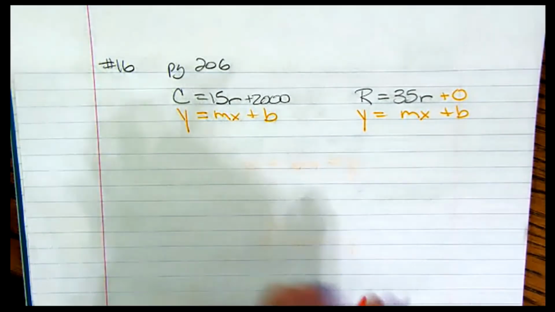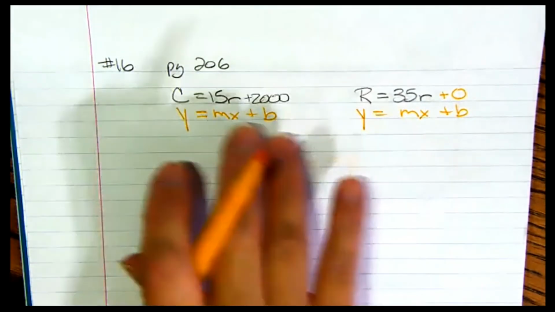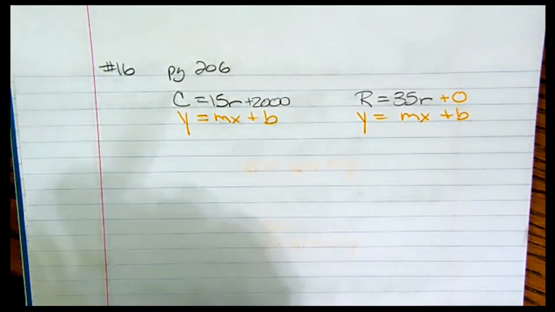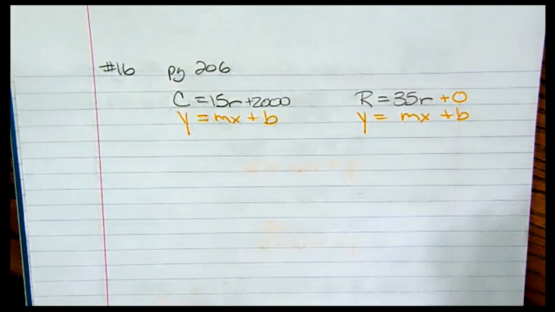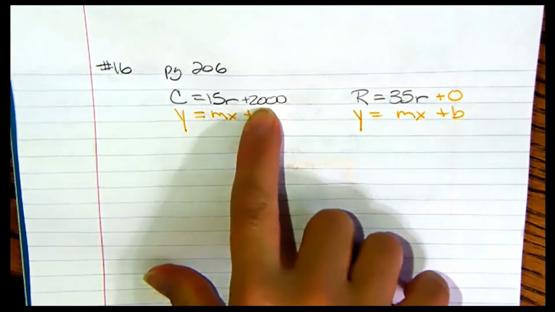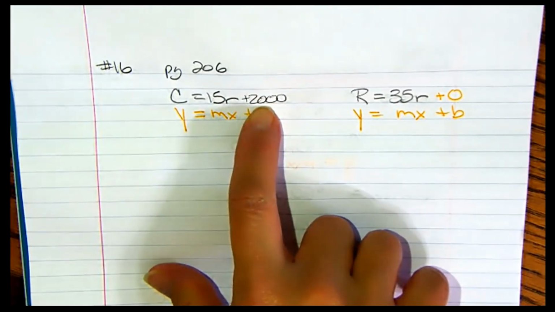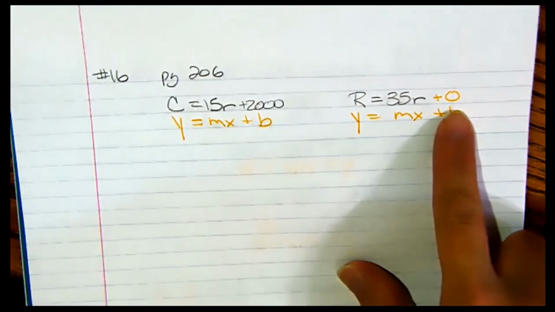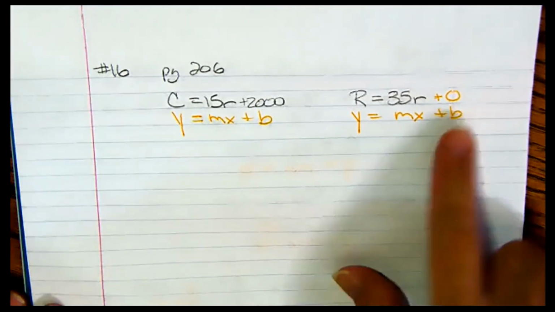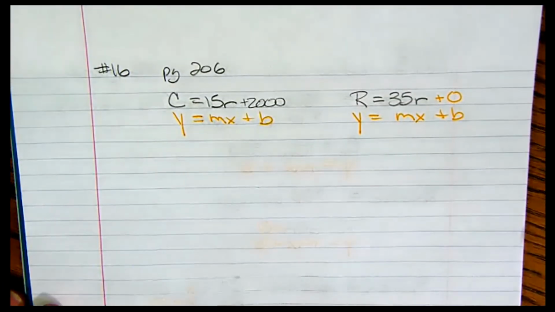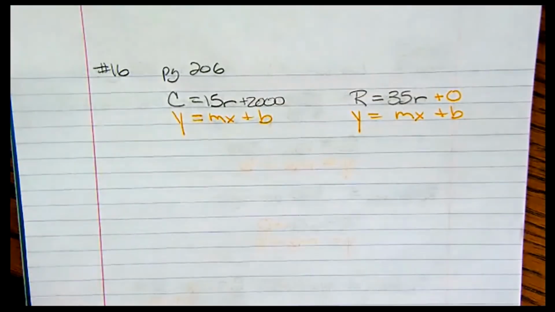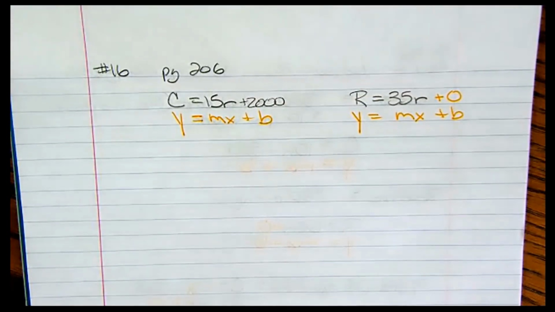So to solve this system of equations by graphing is going to be a nightmare because our y-intercept here is 2,000 and our y-intercept here is 0. I do not want to create a graph with 2,000 tick marks. That's not very reasonable.